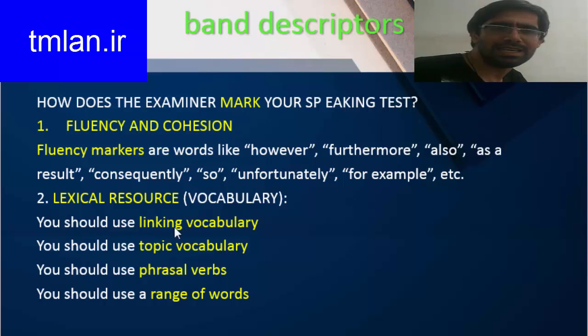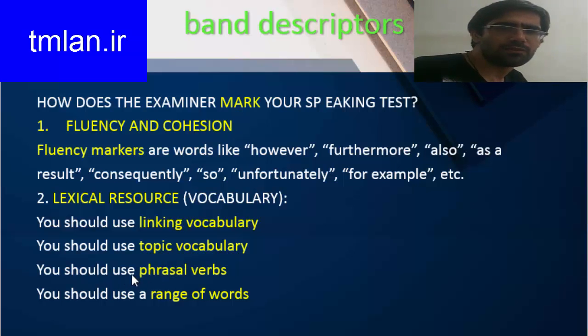You should use linking vocabulary, words that signal such as therefore, so, for example, nowadays, unfortunately, surprising, etc. You should use topic vocabulary, okay? Topic vocabulary that we use for particular topics, for example, topics about television, movies, and books, technology, etc.